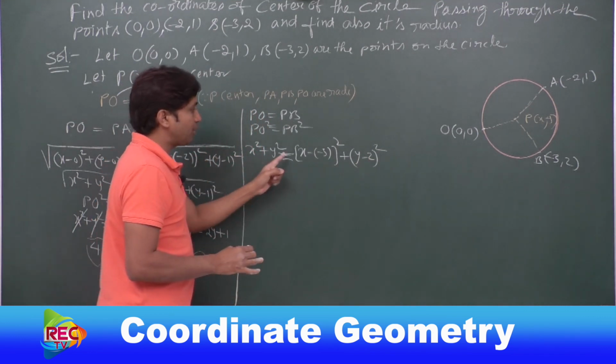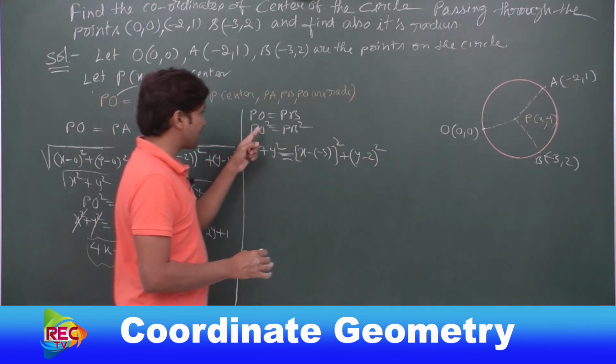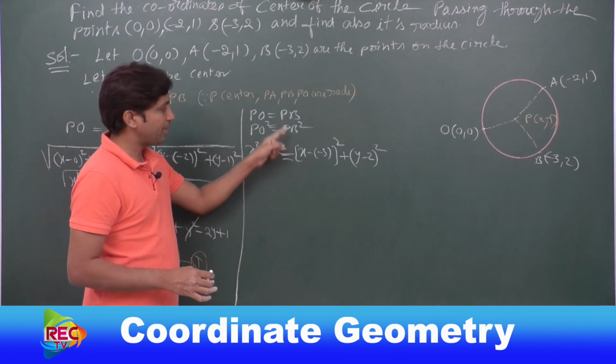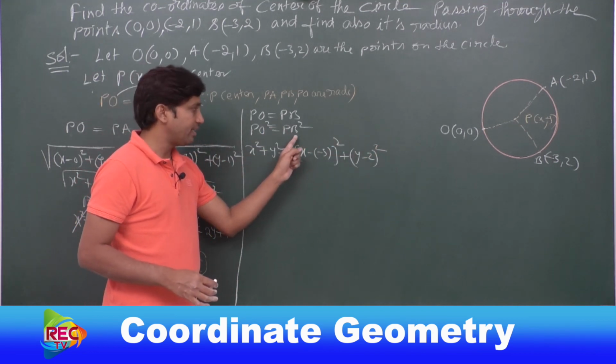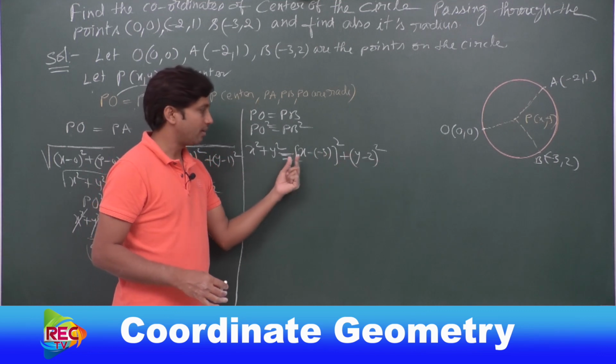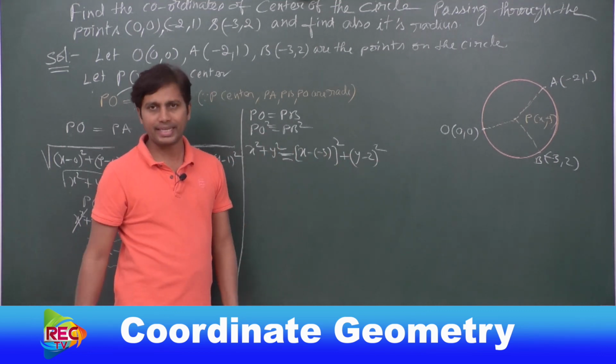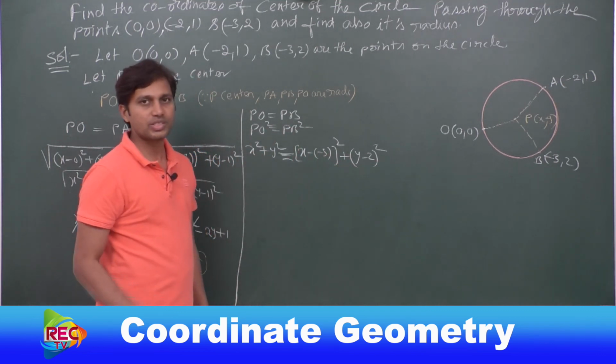Now actually we need to put a square root here, but as we squared PB, the square root will be cancelled, so we don't need to write the square root again because it is squared.